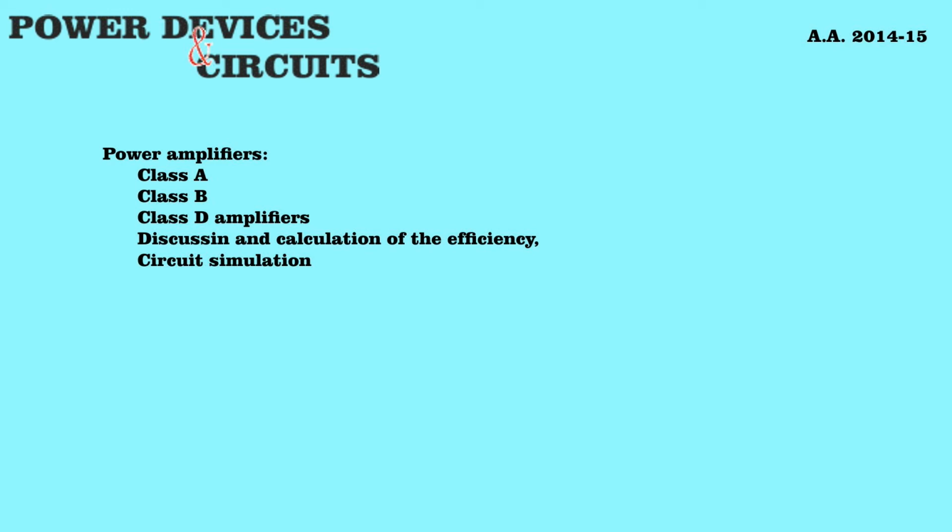This is the previous circuit, the class A amplifier. Exactly the same. What do we expect here? The power needed for this negative supply is 12.5 volts multiplied by 0.5 amps, 6.25 watts.